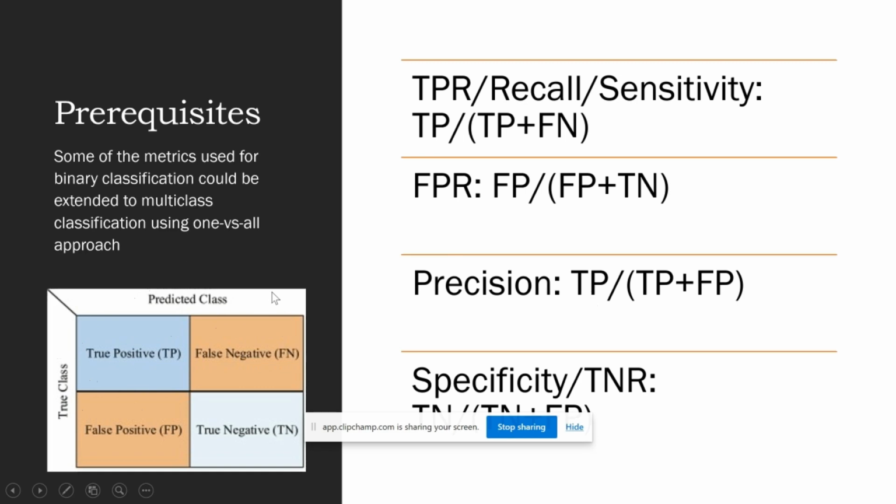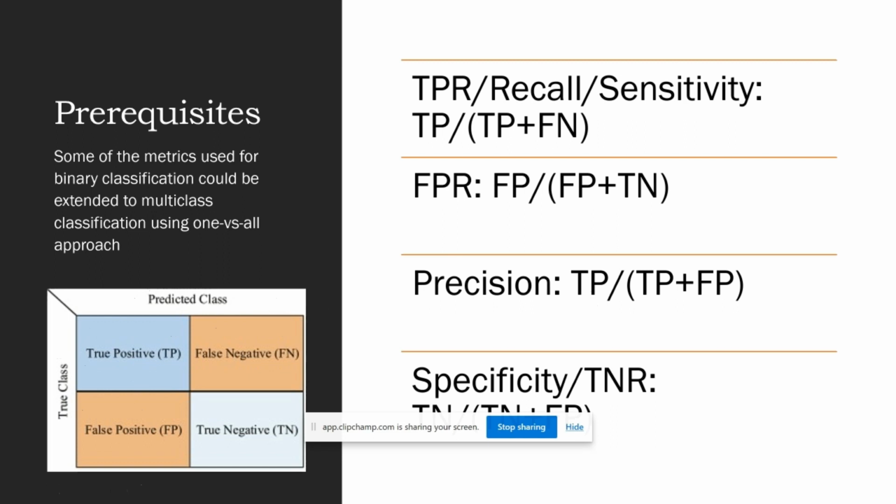So a positive class which is actually positive and predicted to be positive is represented as a true positive instance, while a negative class which is actually negative and predicted to be negative is represented as a true negative instance.